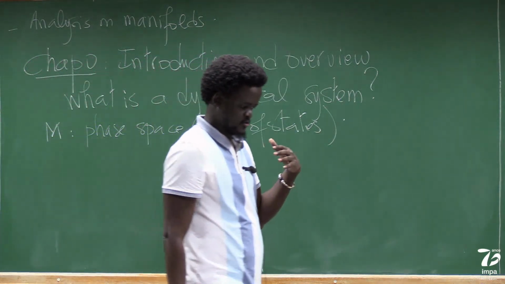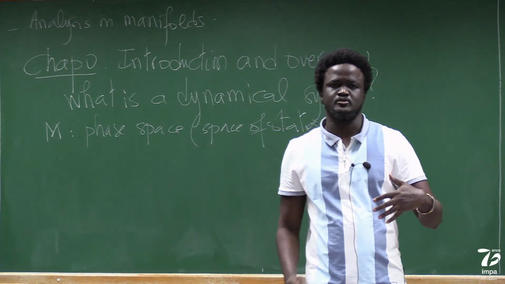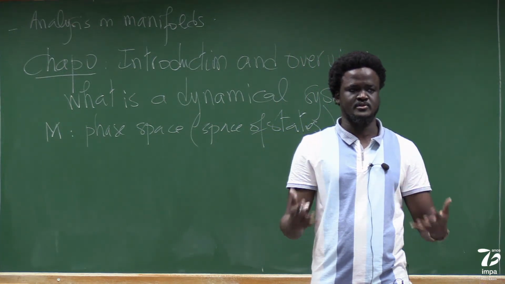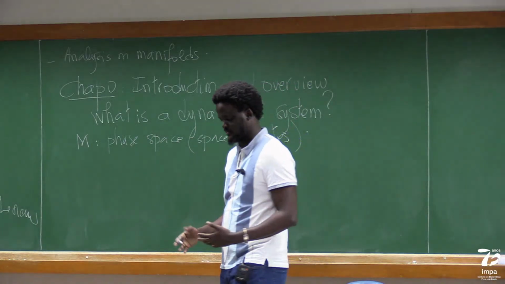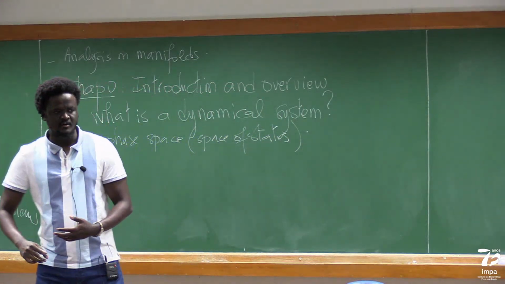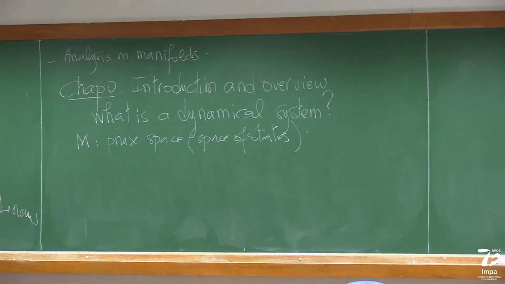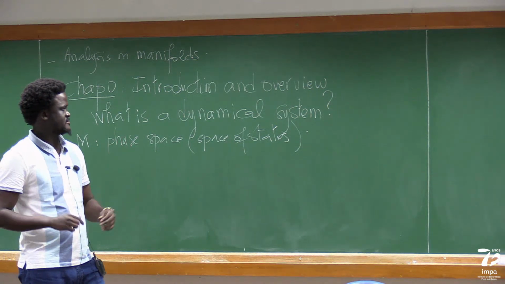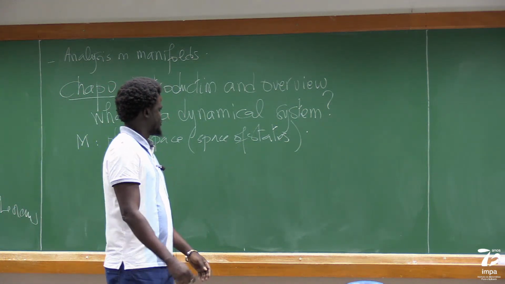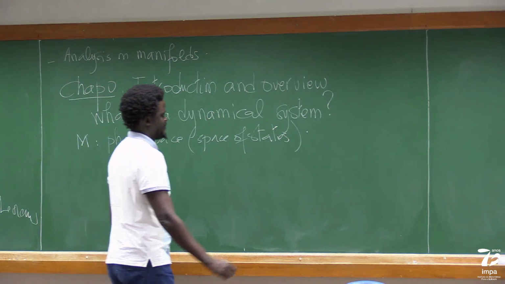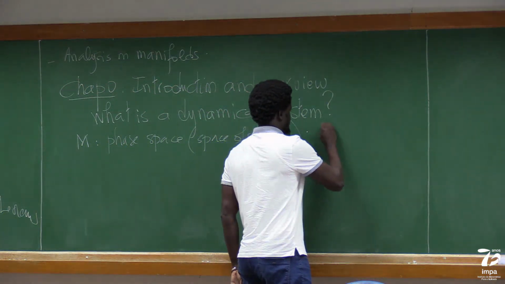For this course, we need this to be at least a topological space. Think of R, the interval, or general manifolds, like the circle, the torus, spheres, R^n and so on. So we need this to have a topology, a topological space.